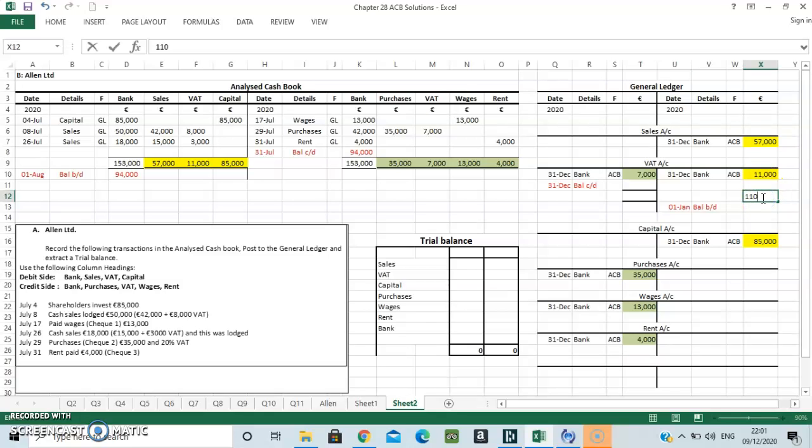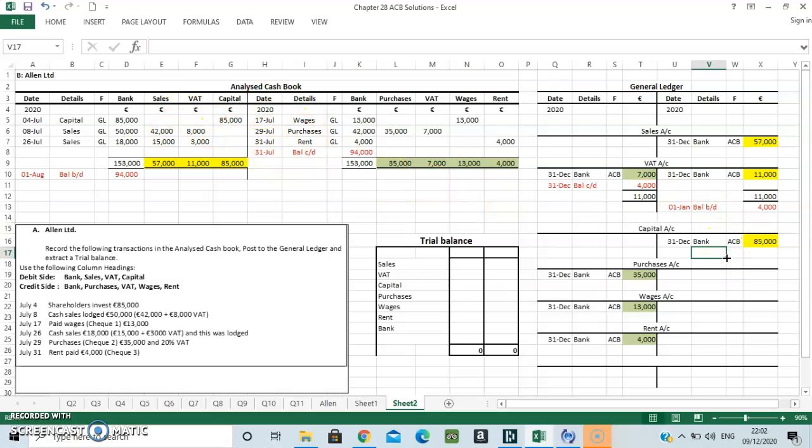The total of the largest side is 11,000. You put that between the lines on both sides. And now what is our balance? Well, above the lines on the smaller side, there is 4,000 required there to balance that. And you bring that down below the lines on the larger side. It's the same balancing for a ledger account as it was for the Analyzed Cash Book.